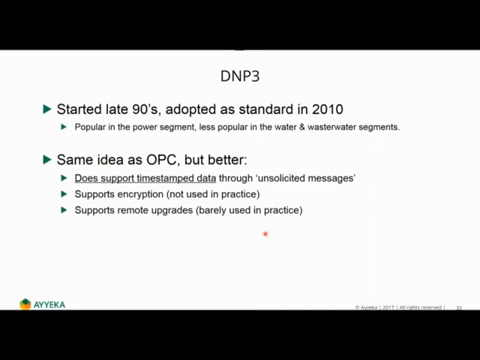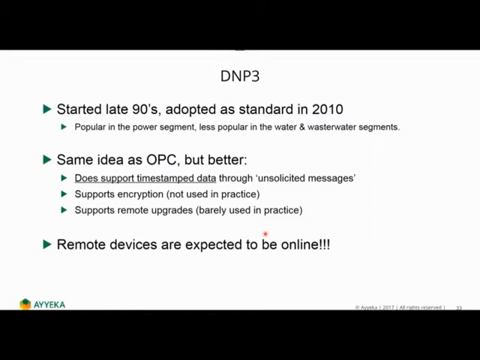It supports encryption, although from our experience, in most of the cases that we encountered, people did not set it up, sadly. It also supports remote upgrades and sending files, but again, in most cases, people do not use that. And again, devices are expected to be online. If they're not online, then it's usually an issue.